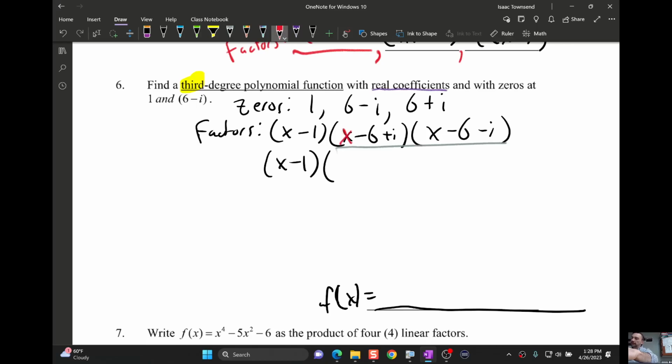So x needs to be multiplied to all 3 of these. That would be 3 terms. Then multiply -6i by all 3 of these. And then multiply i by all 3 of these.